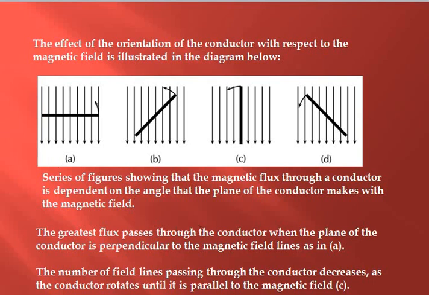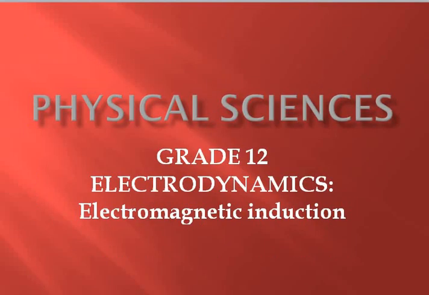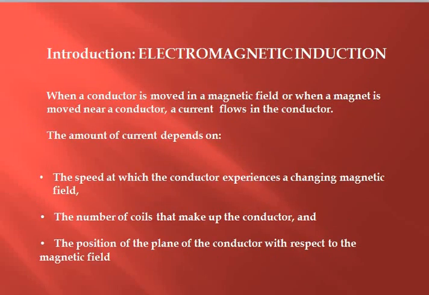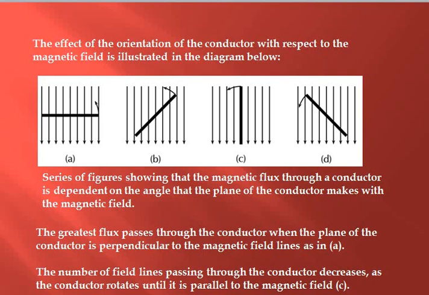Let's discuss further in the next presentation, where we'll look at the electromagnetic induction principle as applied to generators and as applied to electric motors. How do generators harness this principle to give us electricity, and how do electric motors use the same concept to drive us around?